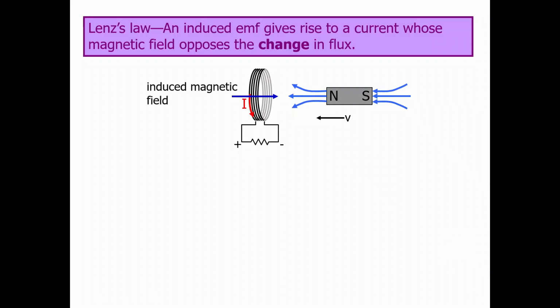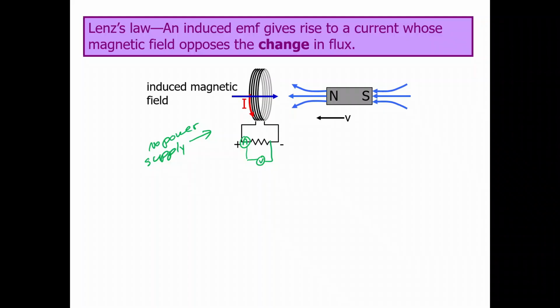There's no power supply in this circuit, but there is a resistor here. If I wanted to put a multimeter in place, I could set it here to measure current, or I could set a voltmeter in place and measure the voltage passing through that resistor.